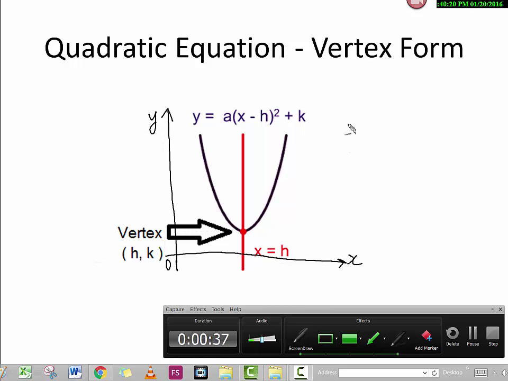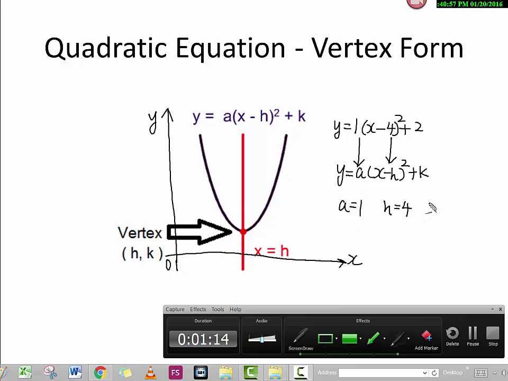Now say you have an example of a quadratic equation in vertex form, which is y equals, I'll make it simple, so say a only equals 1, and x minus 4 whole squared plus 2. I try to line them up for you. So x minus h whole squared plus k. So we know a equals 1, h equals 4, and k equals 2.